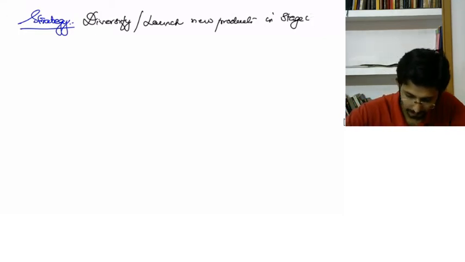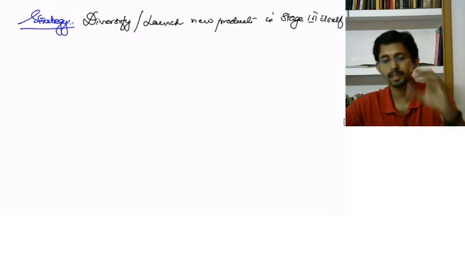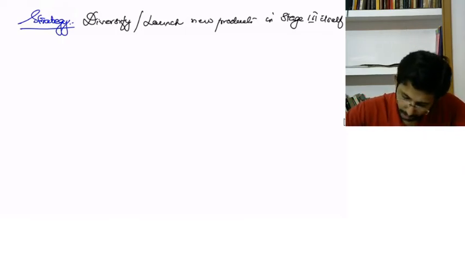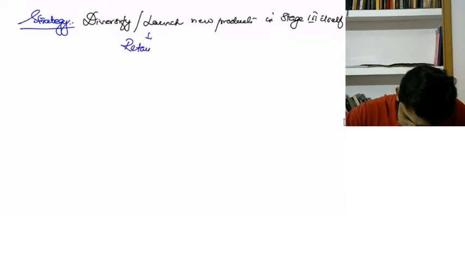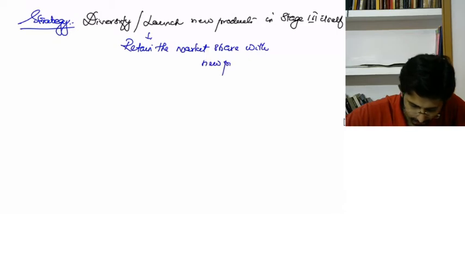Stage 3 itself. The moment you reach your maturity phase, it's time for you to diversify. Okay, if you diversify, what will happen? You can retain the market share with new products.